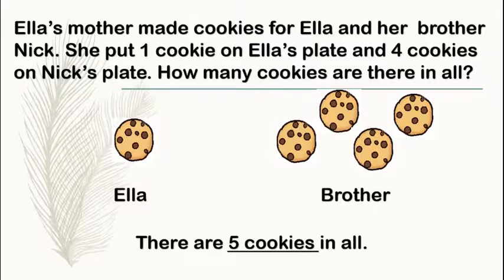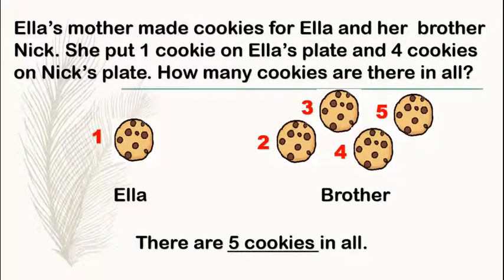How did you get the answer? Okay, very good. By counting the number of cookies in all. So let's count. 1, 2, 3, 4, 5. So we got the total of 5 cookies in all.